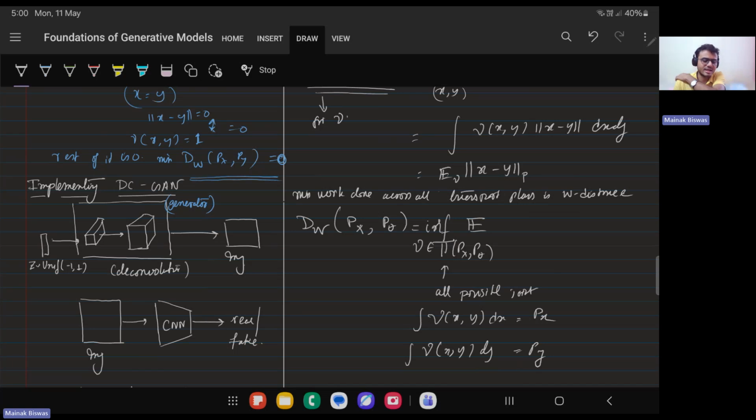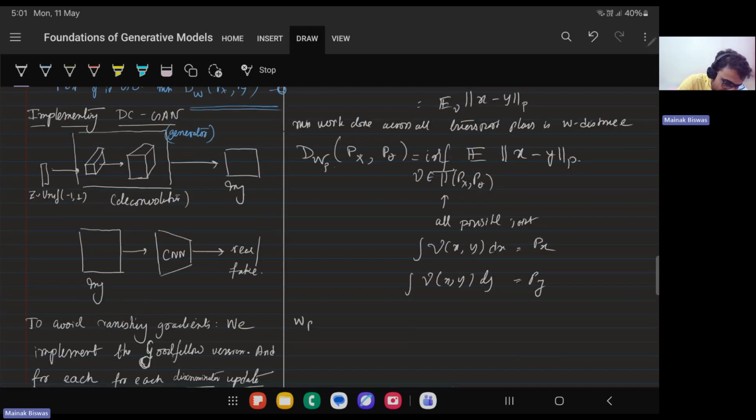These are the two constraints, and I can have any joint distribution with these two constraints. I will check all those joint distributions and whichever has the minimum work done is defined as my d_Wp, or sometimes in papers it's written as d_Wp of px comma p theta, as the infimum of nu belonging to pi of px and p theta of the distance x minus y.